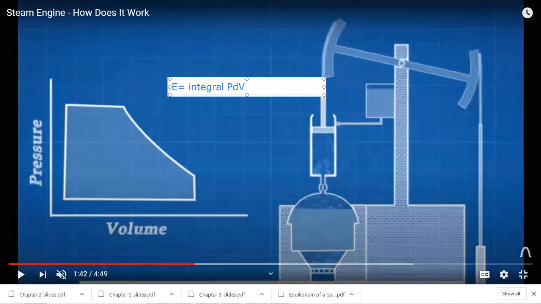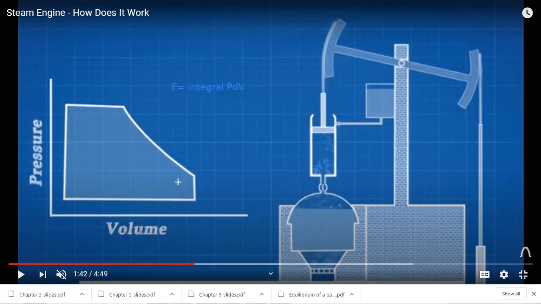PdV. And mathematically this can be done graphically by considering the area under the curve, because you know from math that the integral of a function is nothing other than the area under the curve. So here, if you draw for this small device the variation of pressure with volume, you can say that the area under this curve is simply the work done.